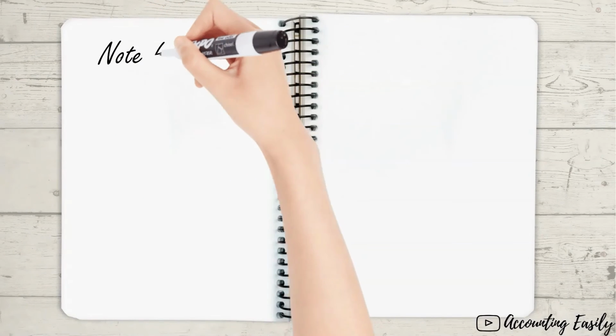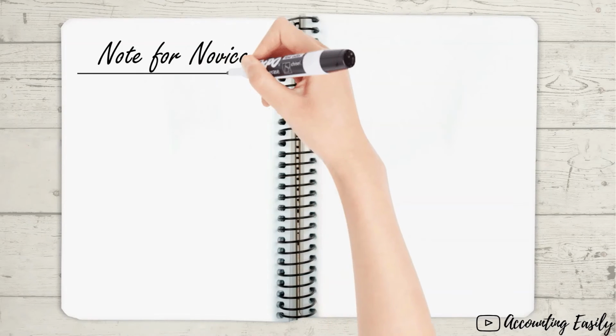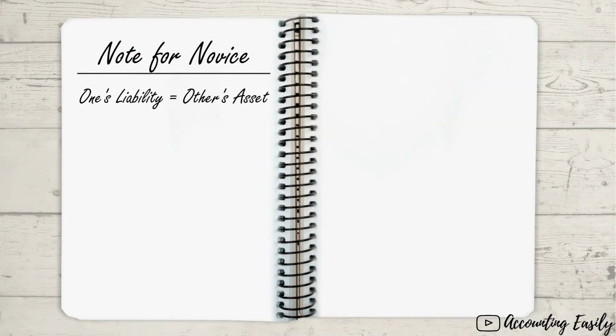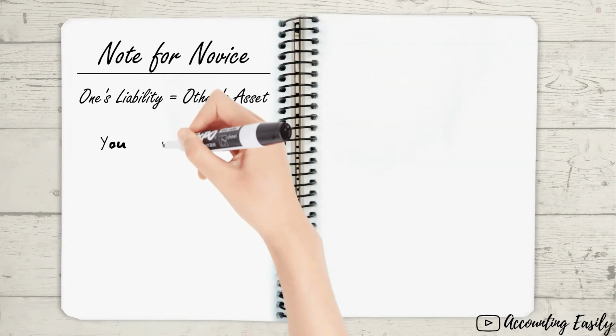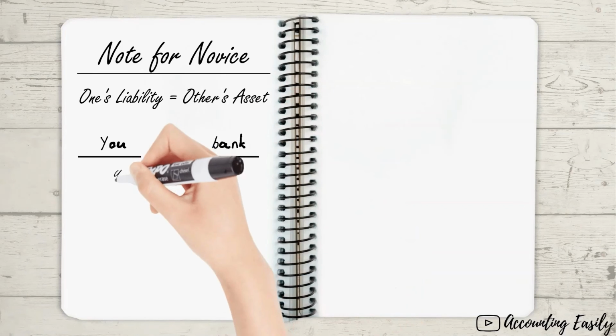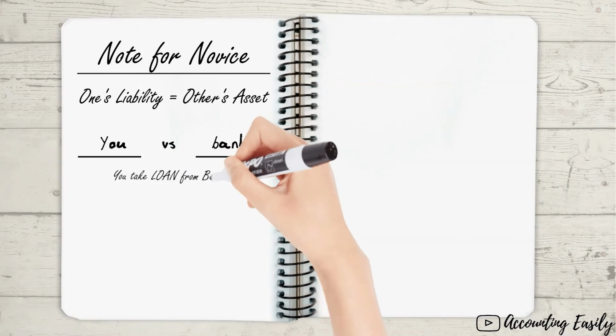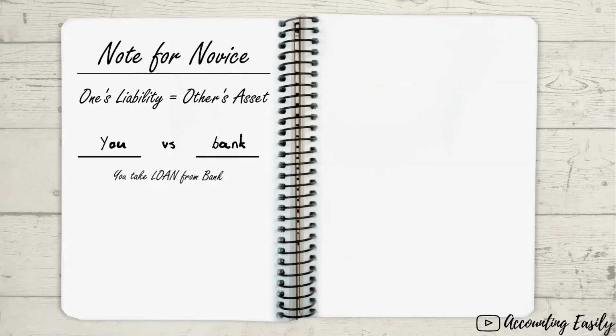Now, I have another note if you are new to accounting. You might try this concept as a rookie. A liability for someone is actually an asset for another, and vice versa. That is why you have to correctly identify the main subject to know well the positions of the accounts. Let's take an example of you versus a bank. If you take out a loan from your bank, the loan obviously is a liability for you.